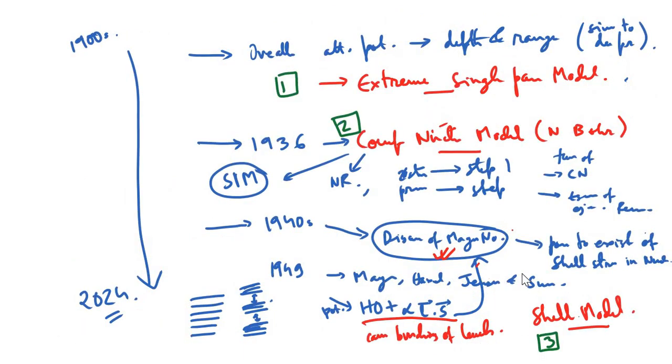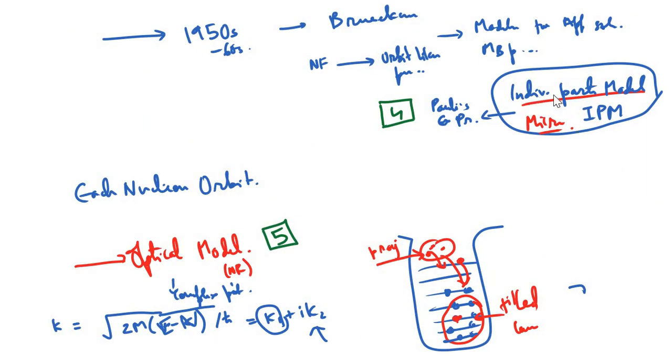So how many models have we considered? The first one was the extreme single particle model, the second one was the compound nuclear model, the third one was the shell model, the fourth is the individual particle model as a result of Brueckner and his collaborators, and we have now got the fifth model, which is the optical model, which takes into account the absorption effect.